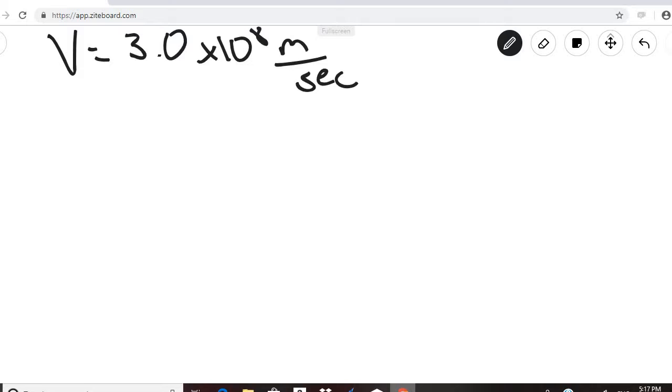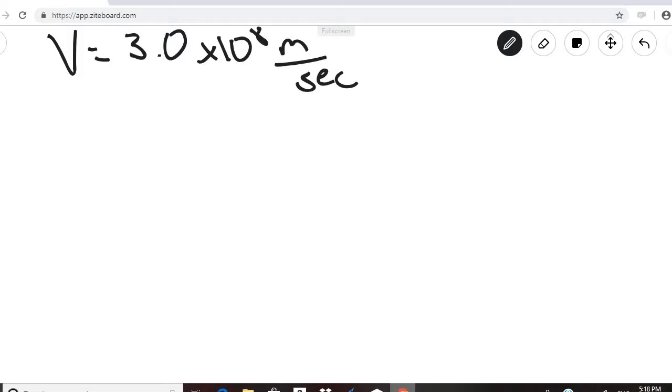So you can actually determine how far away lightning is if you know the time period between seeing the lightning flash and hearing the thunder.